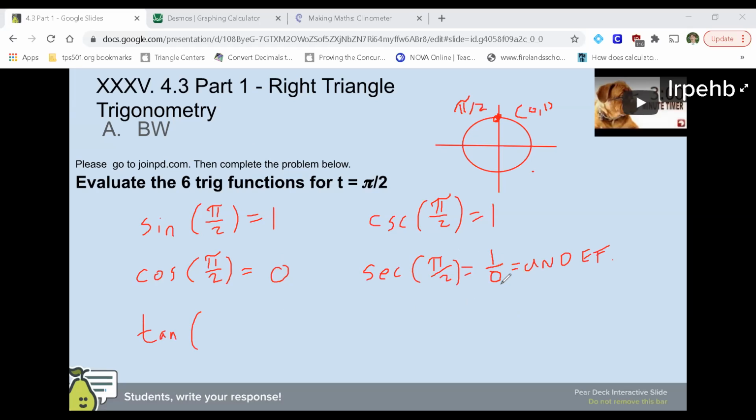Tangent of pi over 2 is your y over x value, or 1 over 0, which again, can't divide by 0, so that's undefined. And the cotangent of pi over 2 is the reciprocal of that, 0 over 1, which is just 0.